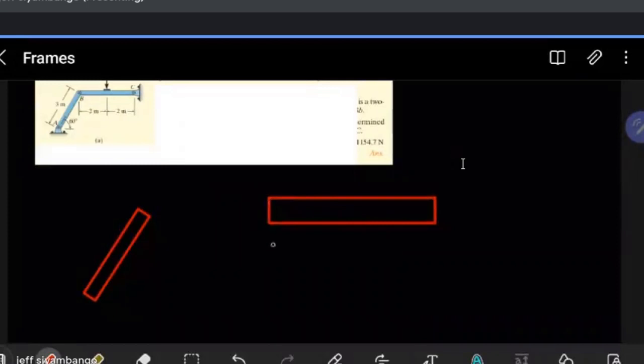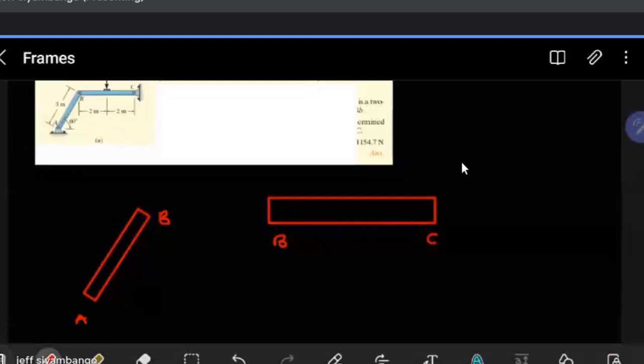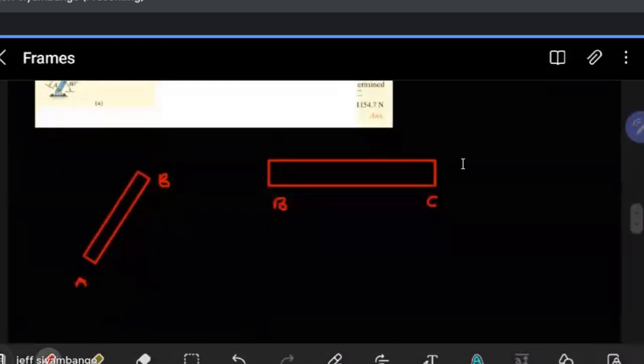Okay, so this is BC, and this is AB. Okay, so we already identified AB as a two-force member. Having done that, it becomes easy for us to evaluate it. So let's account for the forces acting along that member.